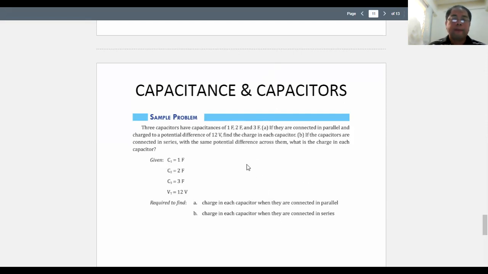So of course, if it is parallel connected, we can actually calculate the total capacitance there.